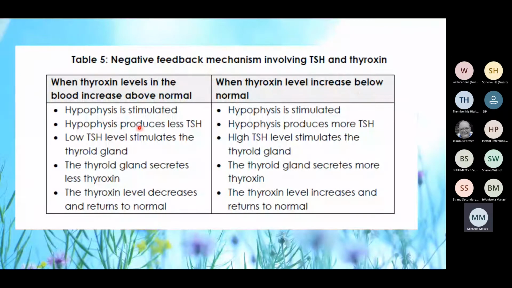I hope all of you have highlighted the keywords when we are talking about above normal and the keywords when we are talking about below normal. You need to be able to analyze a diagram and also write the descriptions.